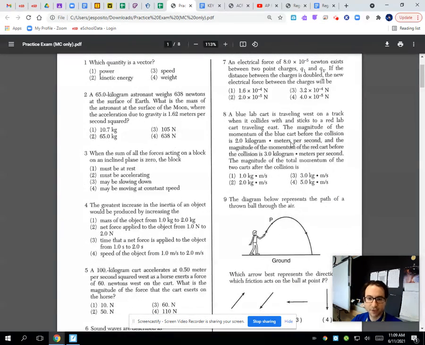Question 8, the blue lab cart is traveling to the west on a track. When it collides, it sticks to a red lab cart traveling east. We have the momenta of each object before the collision, and our question is, what's the total momentum after the collision? Well, we have a value of 2 and a value of 3 for individual values of initial momentum, but one cart is going to the west, the other one is going east.